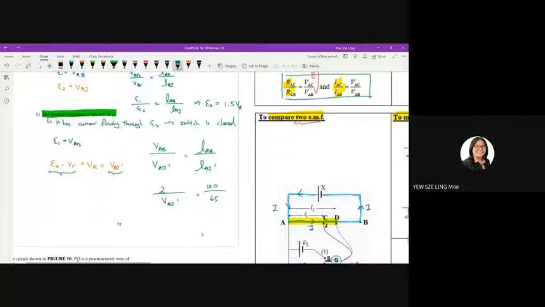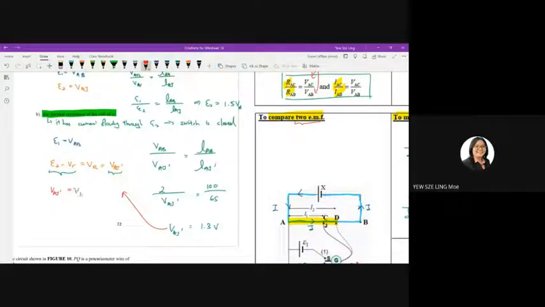From here, we are able to determine VAJ prime equals to 1.3 volt. From VAJ prime, we can then determine the value of I.